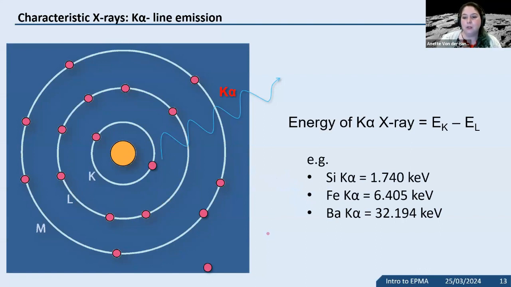So each element for a K and L shell ionization process has a more or less unique energy, and that is how we can say what element was generating that X-ray. And here are some examples. Silicon K alpha would generate X-rays with an energy of 1.74 kilo electron volts. Iron would have 6.45, and so on and so on.